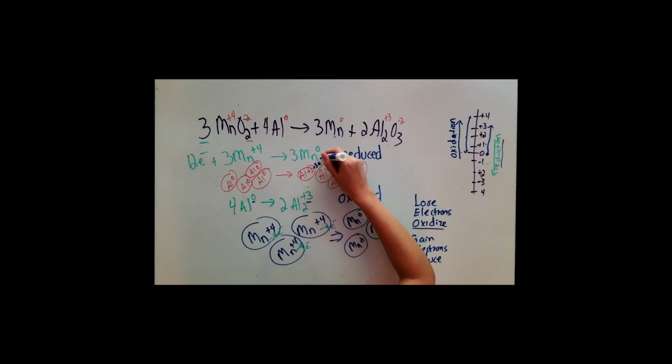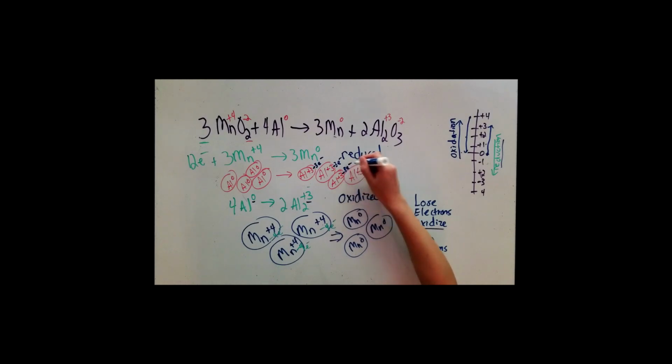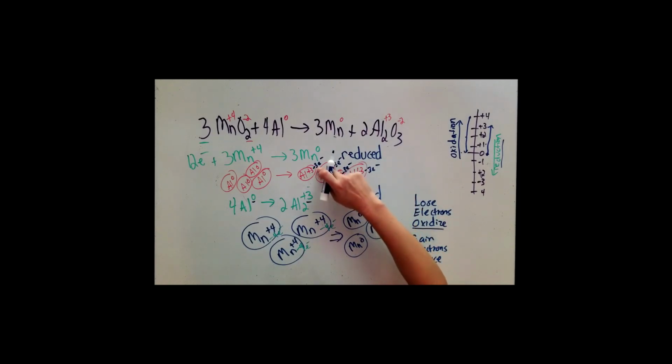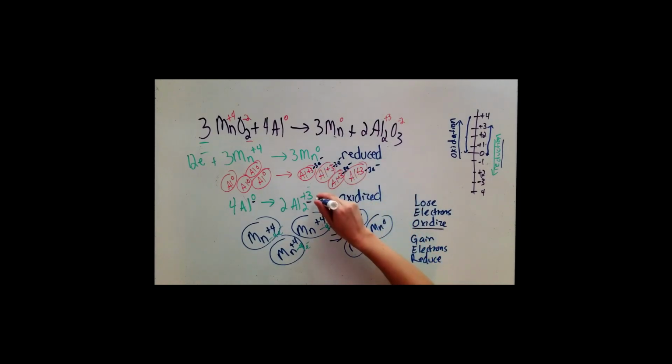I'm going to put -3 electrons because electrons are negatively charged. For this aluminum atom, I need -3 electrons as well. -3 electrons and -3 electrons. So how many total electrons? 3, 6, 9, 12. So I need 12 electrons here as well. So aluminum, since it's oxidized, is losing these 12 electrons and giving them to manganese so that manganese can become neutral on the product side.